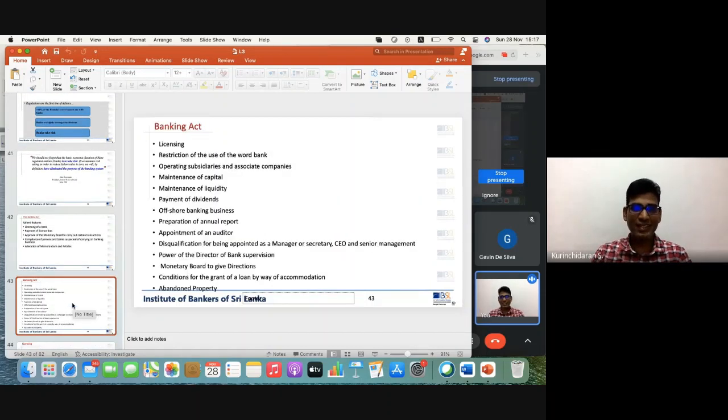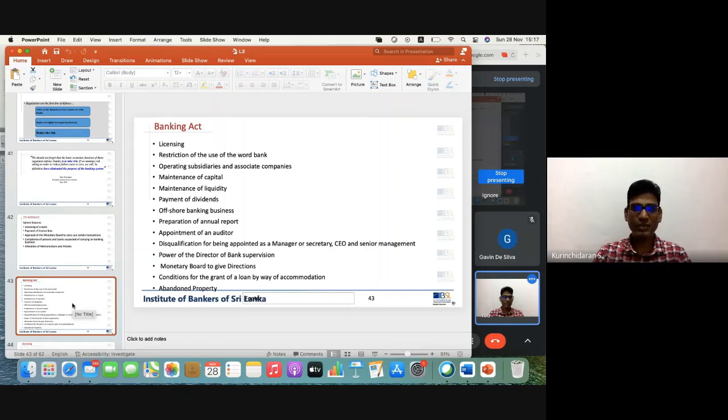So many things are listed out there: licensing, restriction of the use of the word bank, operating subsidiaries and associate companies, maintenance of capital, maintenance of liquidity, payment of dividends, offshore banking business, preparation of the annual report, appointment of an auditor, disqualification for being appointed as a manager, secretary or CEO and senior management.